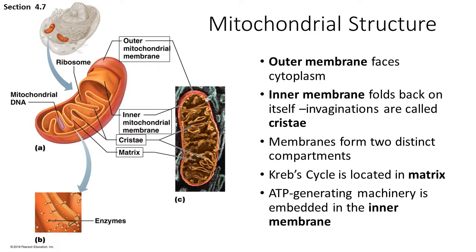The Krebs cycle is located in the matrix that's found within the inner membrane. And the ATP generating machinery is embedded in the inner membrane.